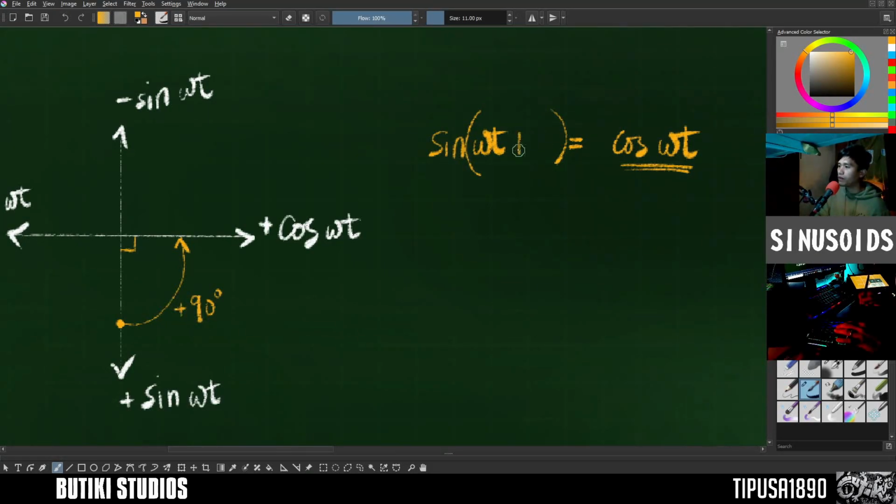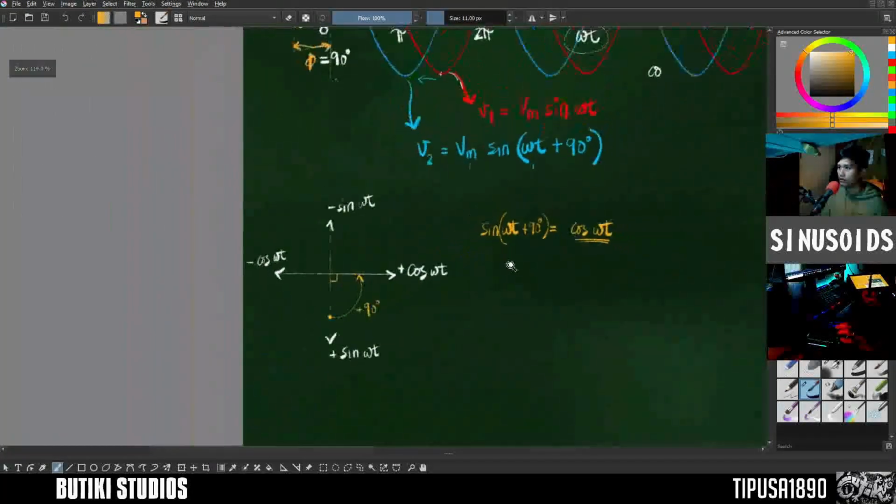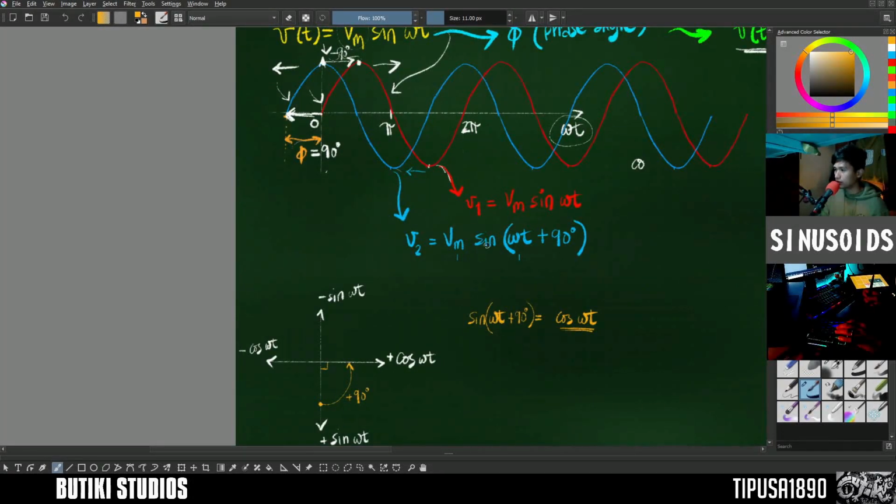So mag plus ta diri og 90 degrees. Muna yung nahitabo ganina ani niya. So basically ang atong v sub 2 is just equal to Vm cosine omega t, because ang sin omega t plus 90 is cosine omega t.